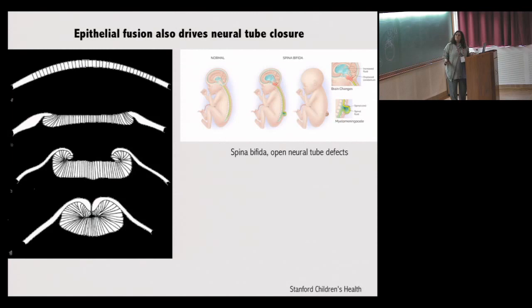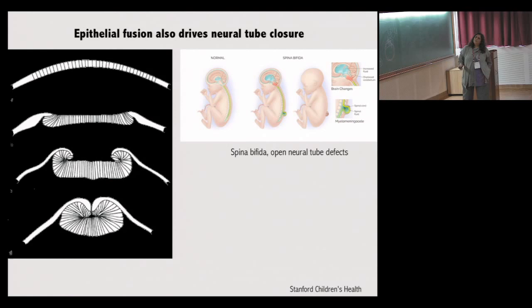So the reason this sort of fusion morphogenesis is important is because this is also how the neural tube forms. What happens in that elliptical tissue that I'm going to talk about is a bit like how the neural tube itself is generated.